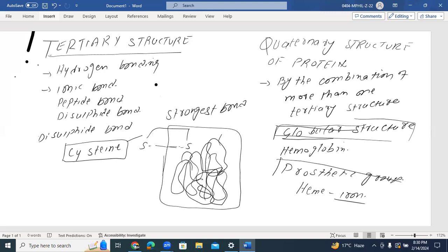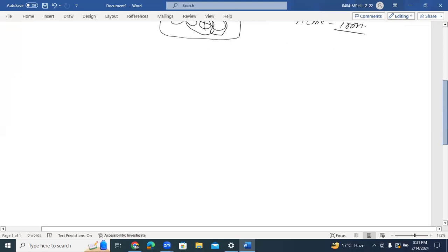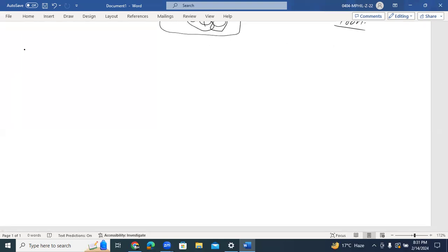In case of hemoglobin, it is a soluble protein.